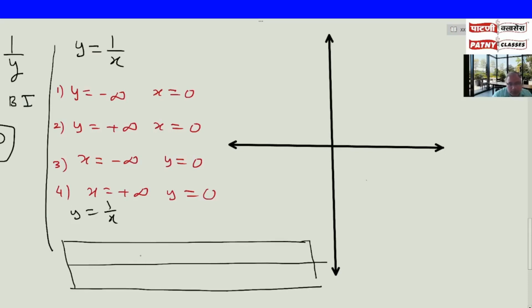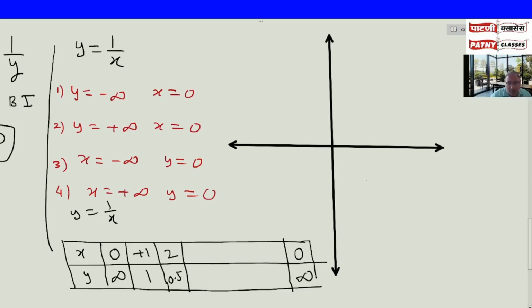In this table, let us take the various values of x and y. If I take x equals 0, y equals infinity, and here I am going to take x equals 1, then y equals 1. But after the 1, if I take 2, the value of y will keep on decreasing.